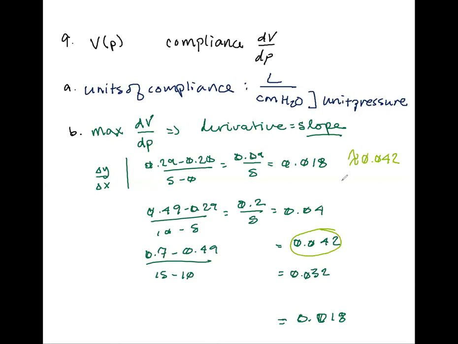And we're saying that that occurs when P is approximately between 10 and 15. So we'll say that's approximately 12.5. Somewhere in between there, the slope is at its largest, and then it will continue to decrease.